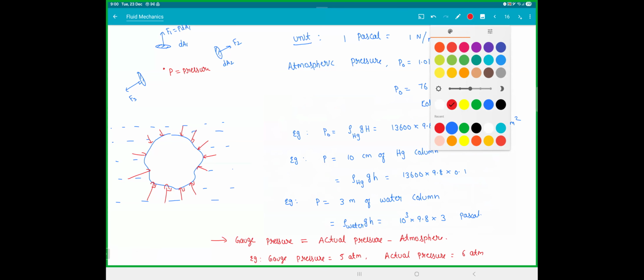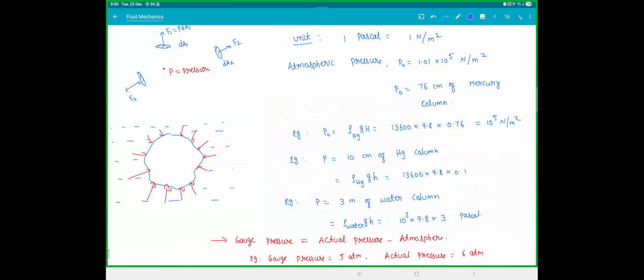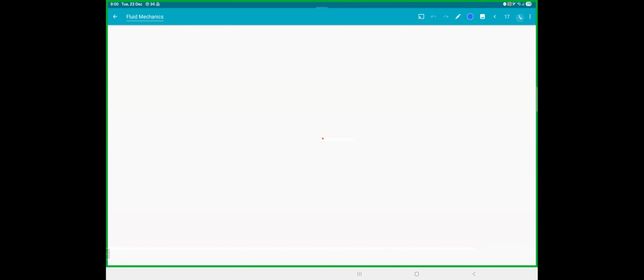What is pressure? Force perpendicular to the area of cross section. Let's take a question on this. So we have a water jet. The water is coming out with speed u. Rho is the density of water.